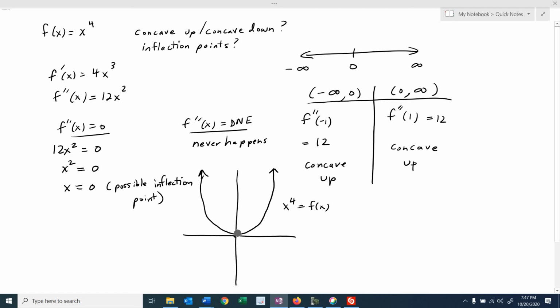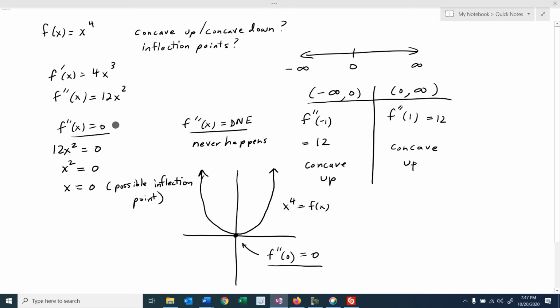And so it's not changing concavity at this point down here. So this just happens to be a place where the second derivative is 0. But it's not a point where we have an inflection point. So this is a good counterexample to keep in mind.